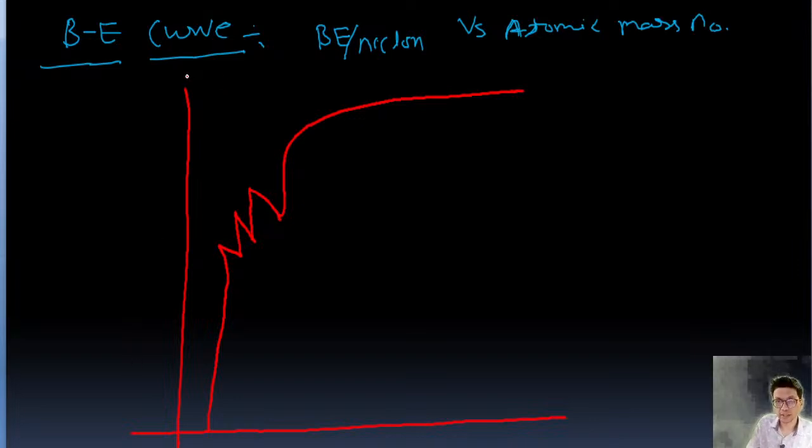This is the curve, guys. This is binding energy per nucleon versus atomic mass number. This is the binding energy curve.